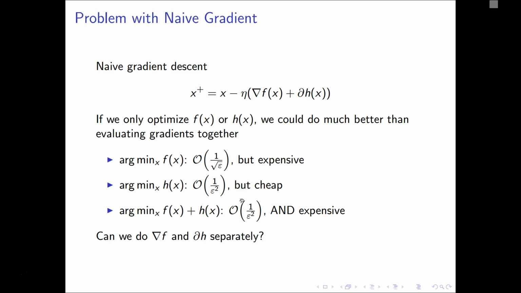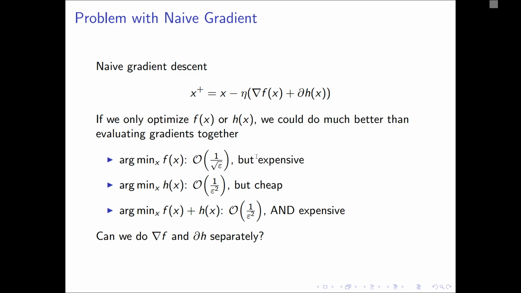And there's some problem with naive gradient descent. If we only optimize f(x) or h(x) in this case, we actually could do much better than evaluating the gradients together. If we do the argmin of f(x), because f(x) is usually convex with L-Lipschitz continuous gradients, then we can do as few as O(1 over square root of epsilon) gradient evaluations of f, where epsilon denotes the precision you want to reach.